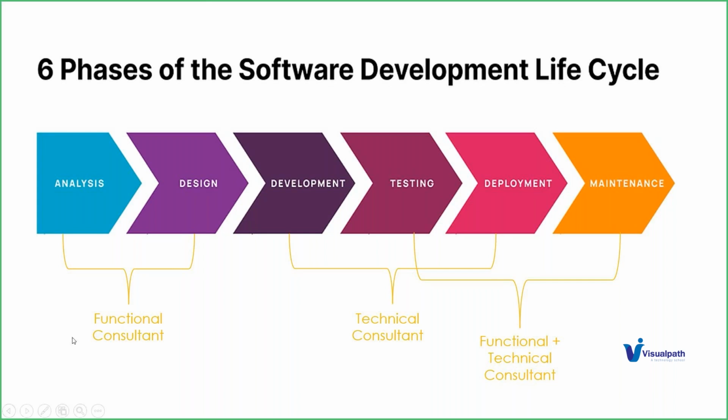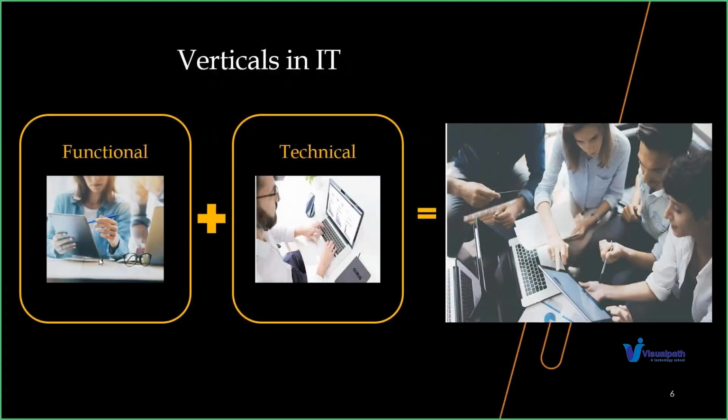So in a particular project, these are the phases, and under these phases I explained the responsibility of a functional consultant. As I told you, there will be two verticals in IT: functional and technical. If the functional consultant and technical consultant work together, it will lead to a successful project.